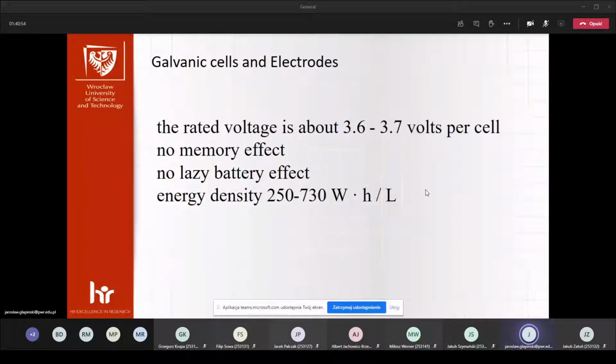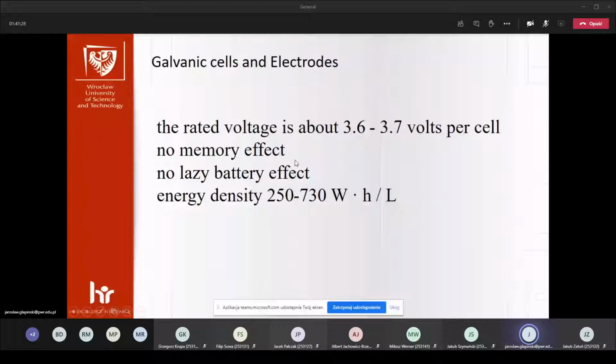Okay, generally, when we build such a construction using lithium and carbon, we have an accumulator which has a voltage of about 3.6 or 3.7 volts per cell. Yes, this is the voltage on the cell, so it's higher than the cadmium or nickel metal batteries. It's three times higher. We have no memory effect.